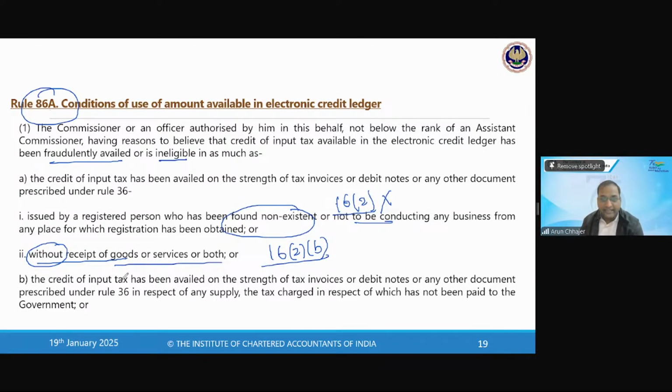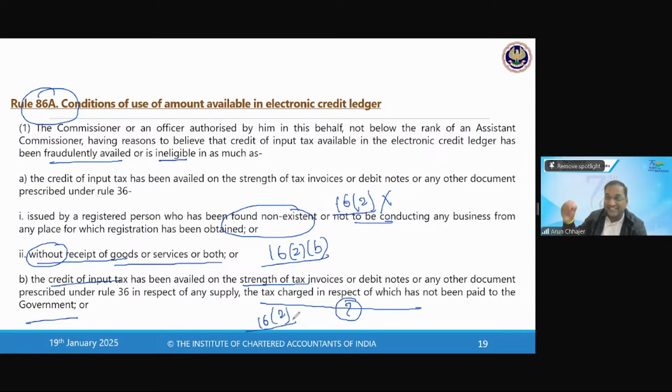The credit has been availed on the strength of a tax invoice, but the tax charged has not been paid to the government. Tell me, is it a condition in 16.2? See, now it is a revision of 16.2.